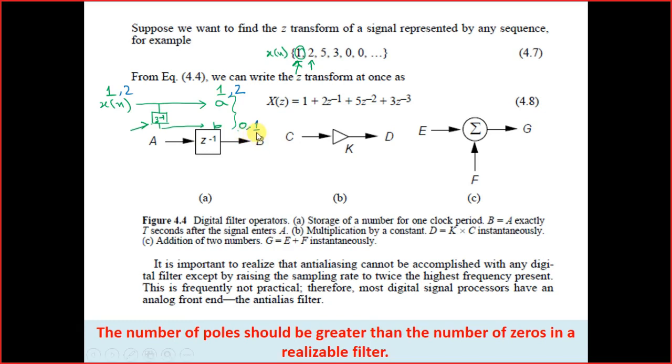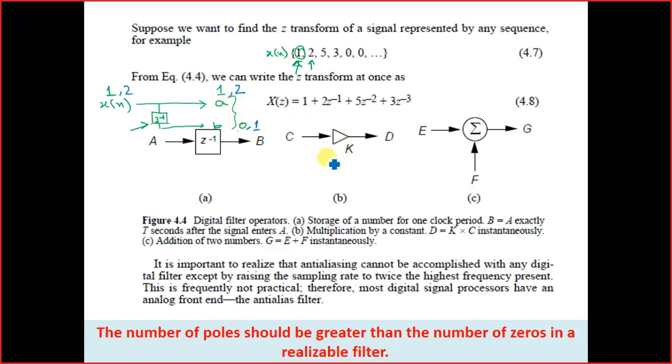Does anyone have any problem over here? Because this forms the basis of the further discussions. No one? Okay, that's good. So this is the first operator, delay. I hope every one of you has understood what it does.